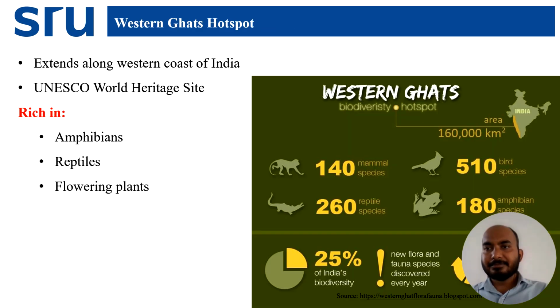Now the Western Ghats hotspot, as you can see from this figure. The Western Ghats extend along the western coast of India. This region is recognized as a UNESCO World Heritage Site because of its ecological importance.